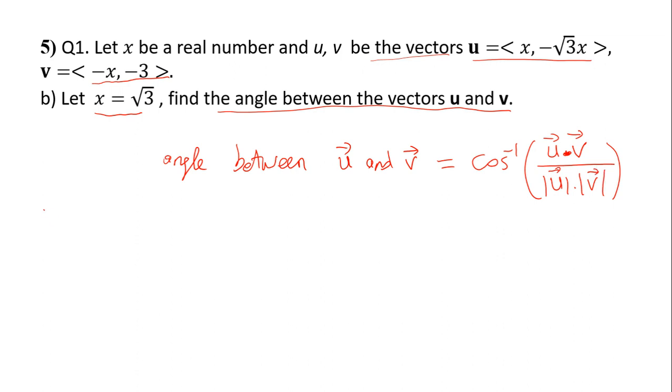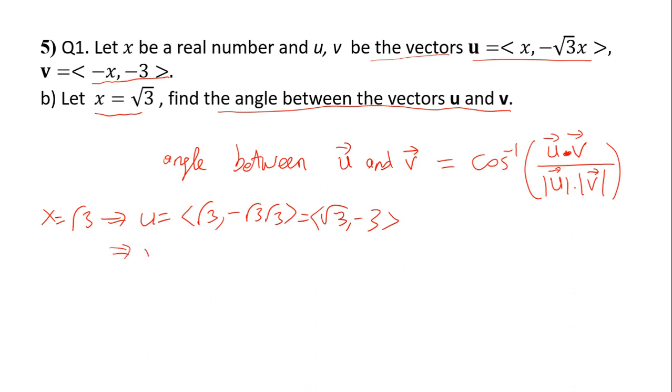Now, when x is equal to square root 3, let's write u. u is equal to square root 3 and negative square root 3 times square root 3, which is equal to square root 3, negative 3. Now v is equal to negative square root 3, and for x equals square root 3, it will be negative 3.